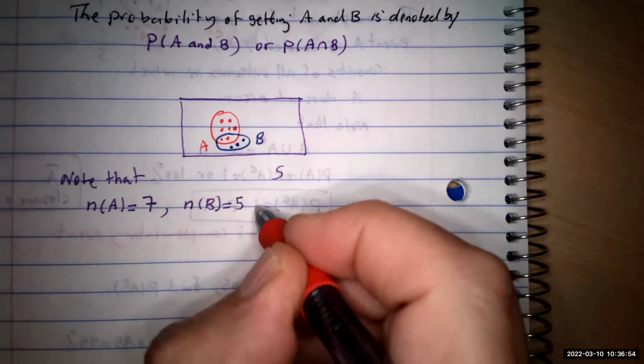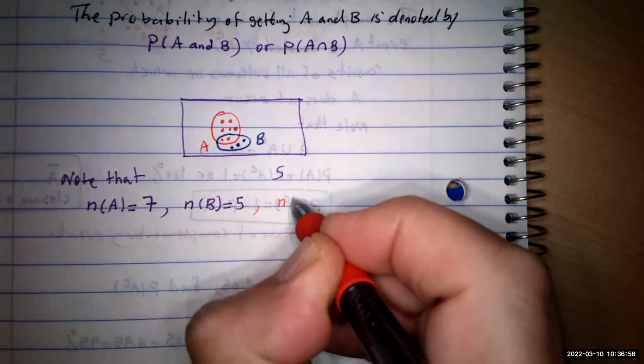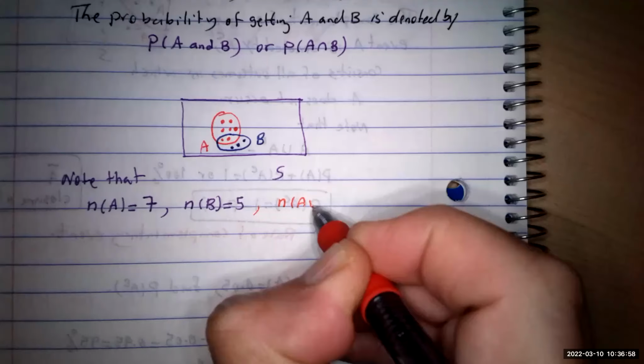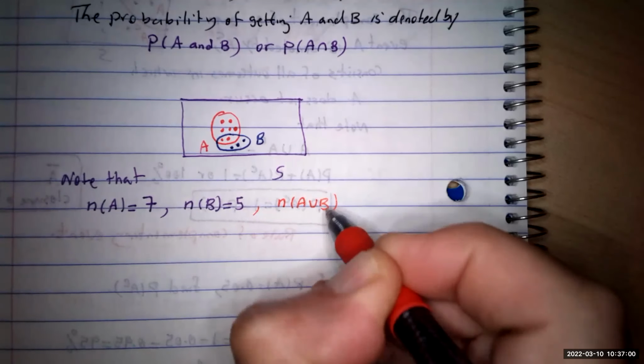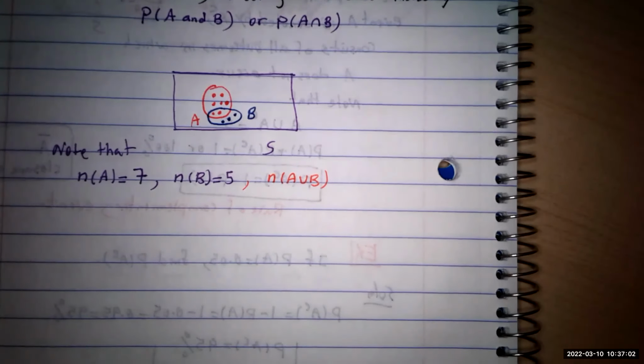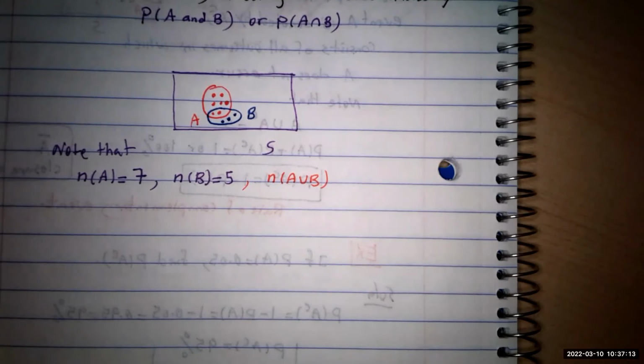Now we want to know how many members are going to be in A or B. That means how many numbers in all of them. Any suggestion? How many numbers in A or B or in both of them are we going to have?